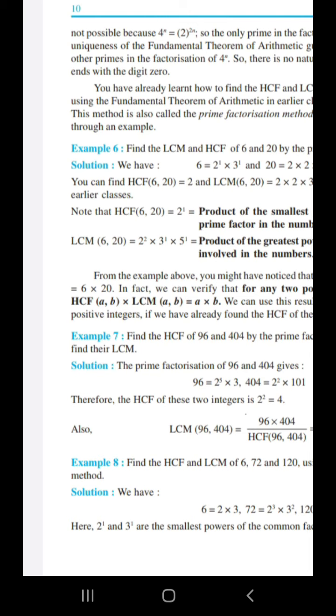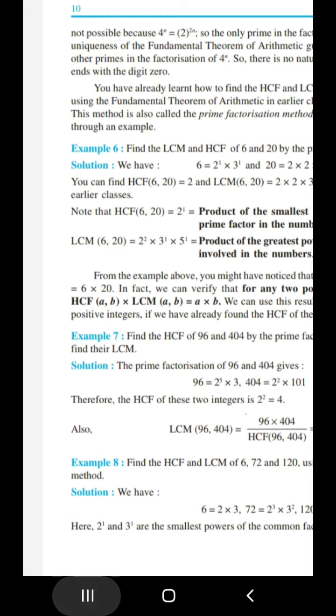What different types of questions may be asked? Sometimes two numbers' HCF only will be given, and you have to find out the LCM. How? If you know the HCF and the numbers, then HCF into LCM equal to product of the numbers, which we can find by multiplying.